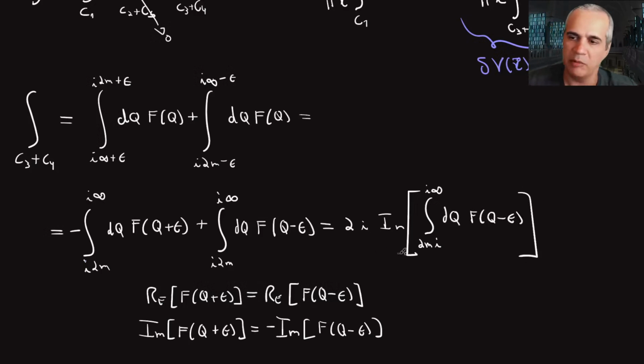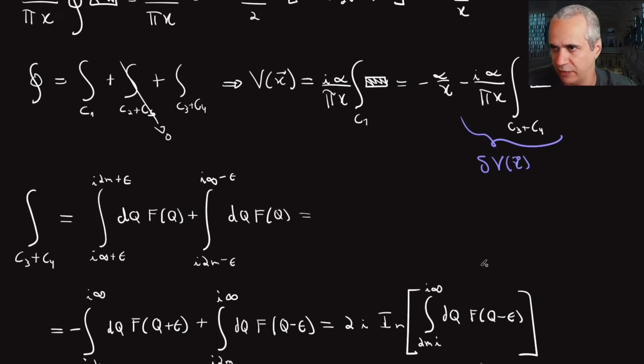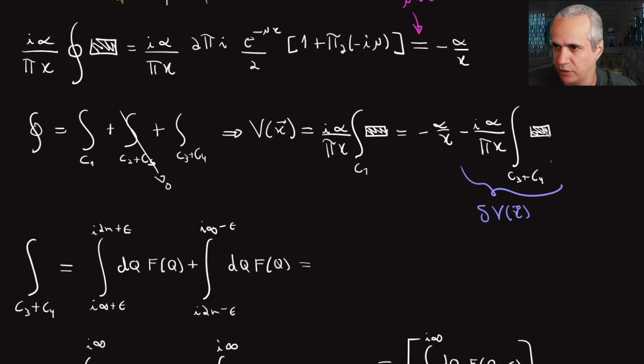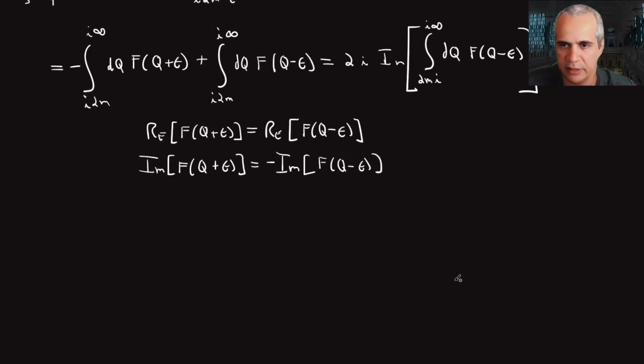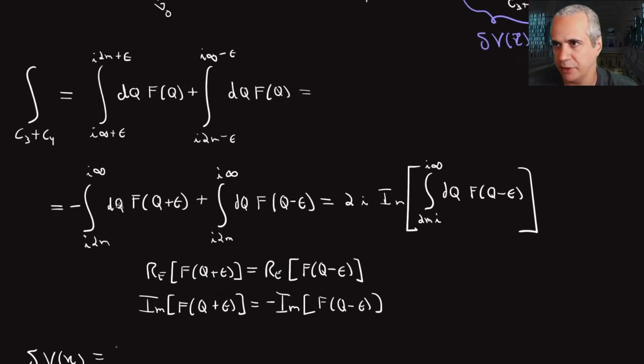So what I'm showing is that the sum of these two integrals will be proportional just to the imaginary part of this integral right here. If I go back with that knowledge to this change in the potential, I can write it in this way. So the correction to the potential will be, let me copy it here.